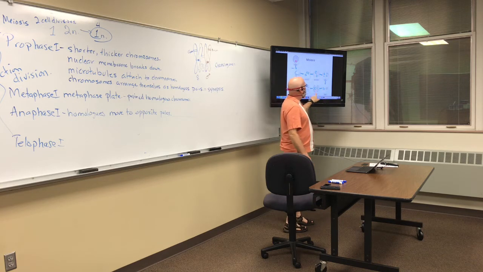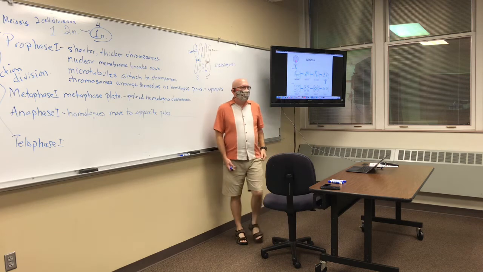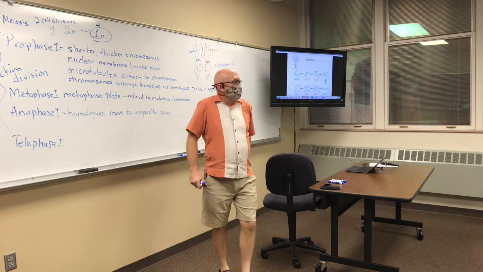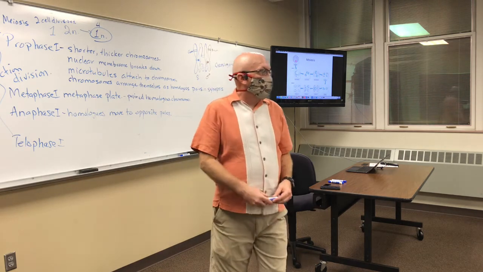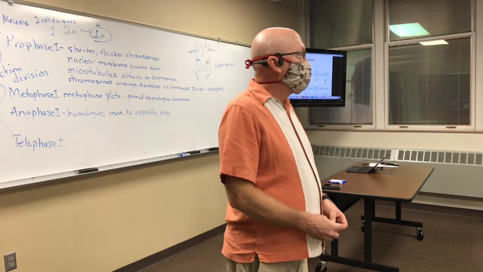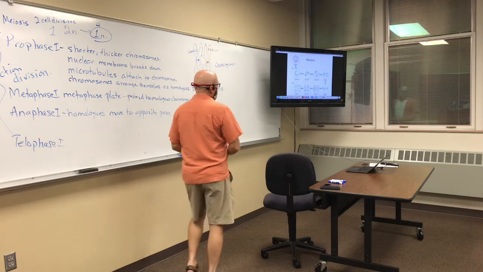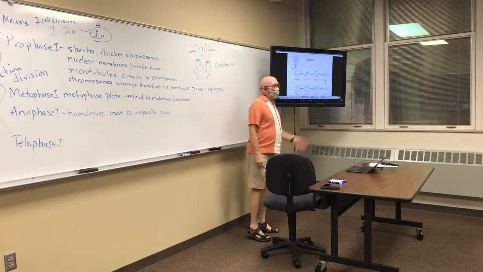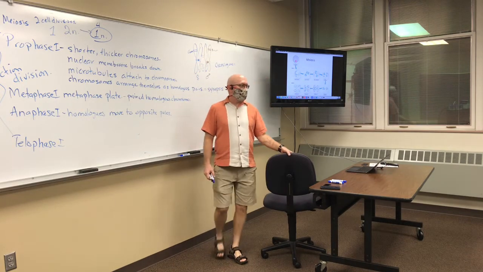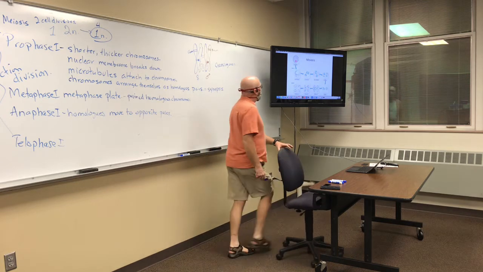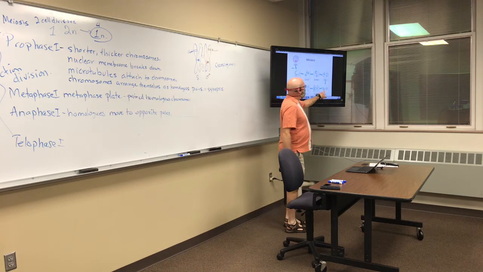What's up with these chromosomes? There's no evidence of crossing over. The artist who drew this made a mistake. And after the artist drew this, they didn't give it to the biologist who was the author of the book and say, hey, are these correct? So these chromosomes don't show any signs of having gone through the process of crossing over.